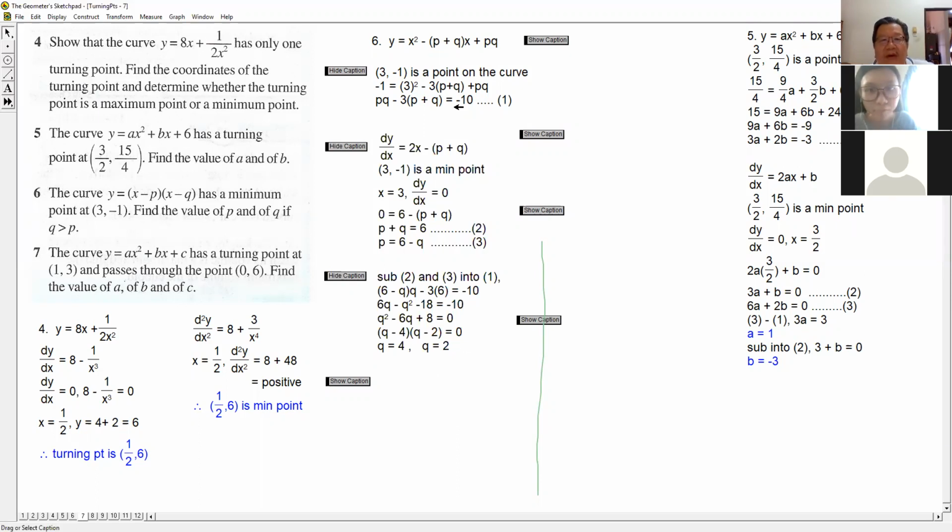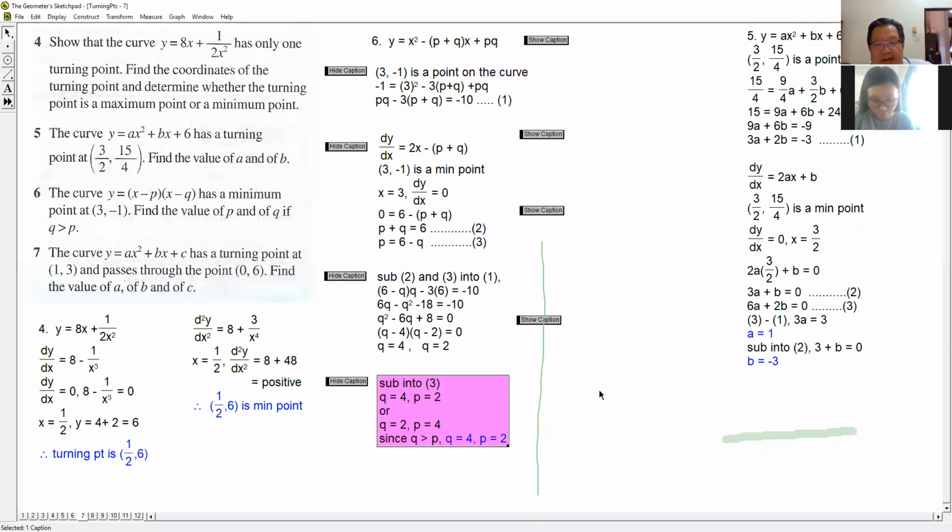One more time. You can form two equations. One by using the point itself and substituting into the function. Second is by using the point substituted into dy/dx. So you have two equations, so you can find the two unknowns.